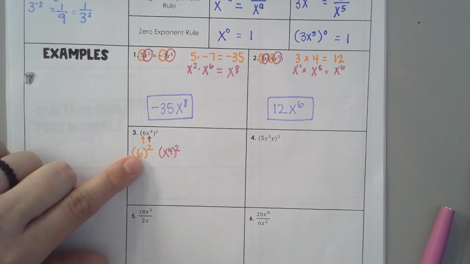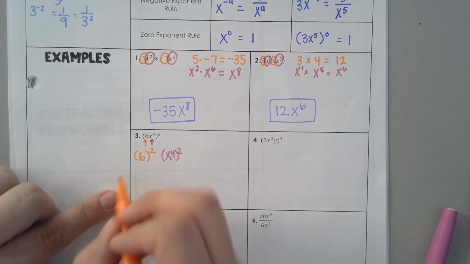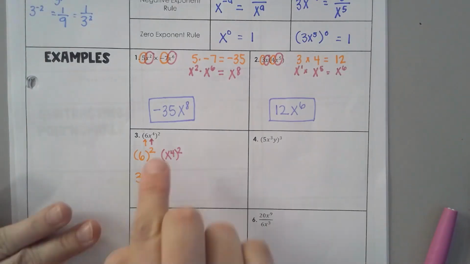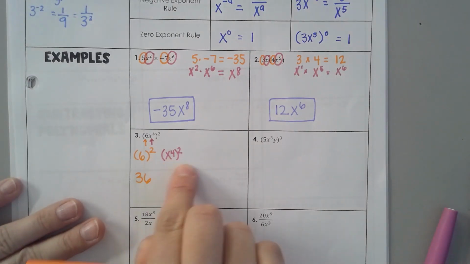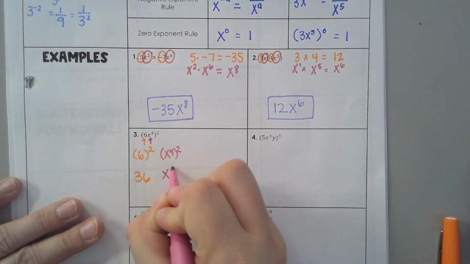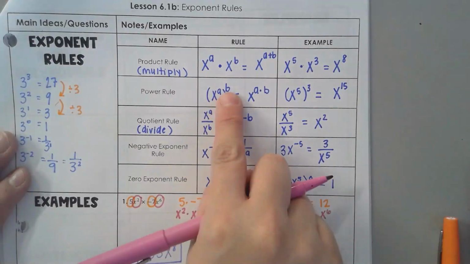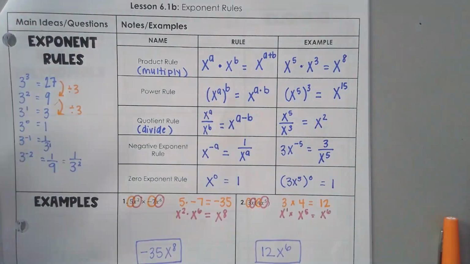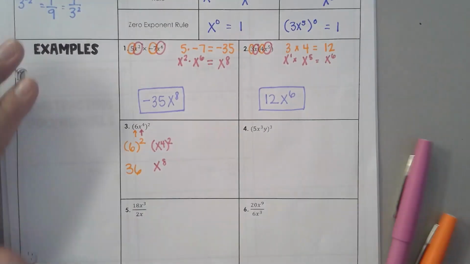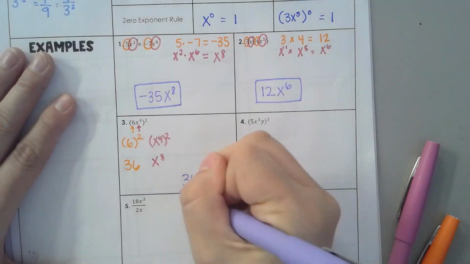What is 6 squared? 36. What is x to the 4th squared? X to the 8th, because this is the power rule, you multiply those exponents. So my answer is 36x to the 8th.